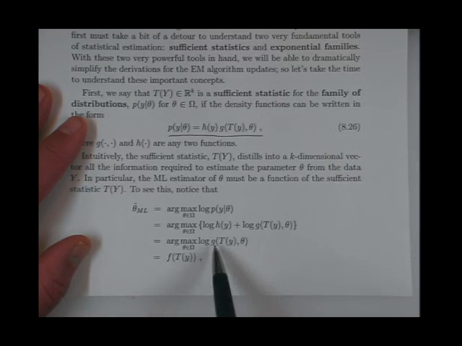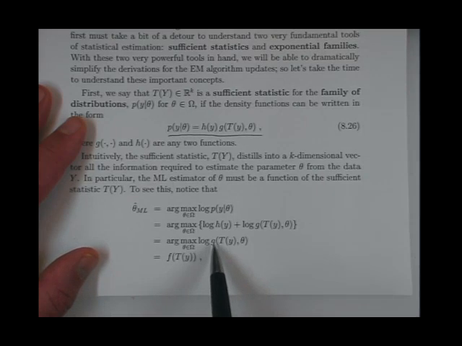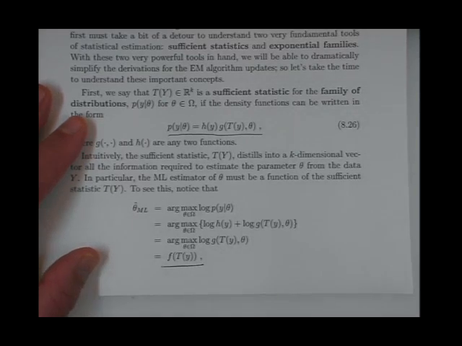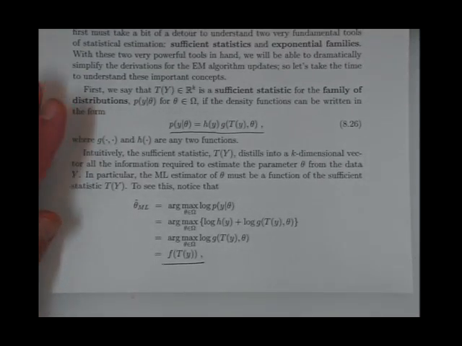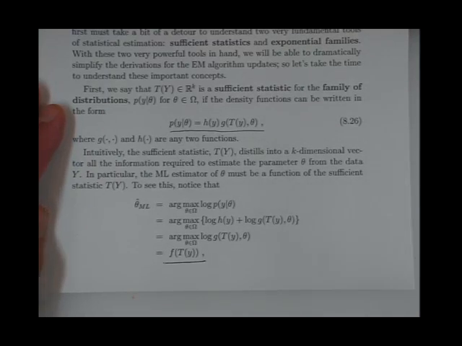It turns out now that the maximum likelihood estimator is calculated by maximizing a function, the log of g of t of y, theta. So it's only a function of the sufficient statistic. Whatever that function is, some kind of function, we'll call it f. So if you tell me the sufficient statistic, I can tell you the maximum likelihood estimator. I take the sufficient statistic and I plug it into the function f, and it spits out the maximum likelihood estimator. Now what is that function?